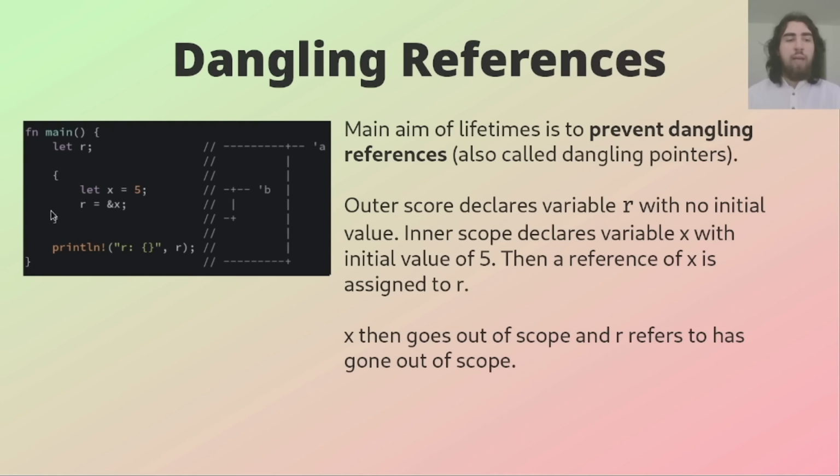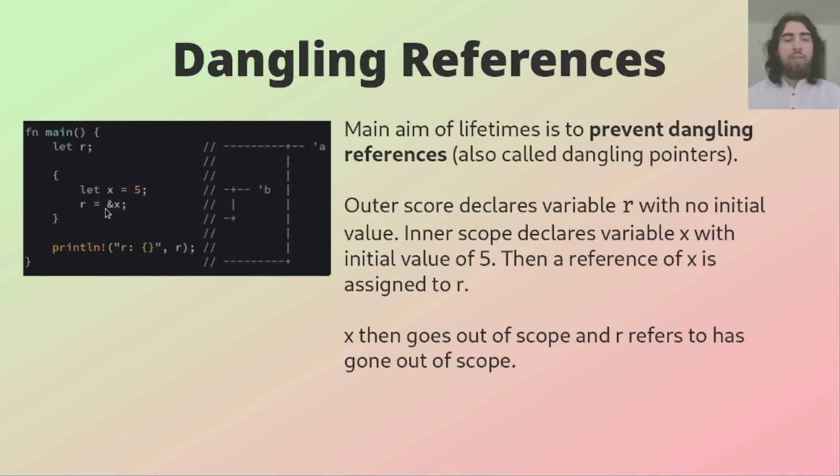Then over here we have an inner scope. And in this scope we are initializing variable x with a value of 5. So the compiler will annotate this variable to be of lifetime b. And lifetime b is only valid until the end of this scope.